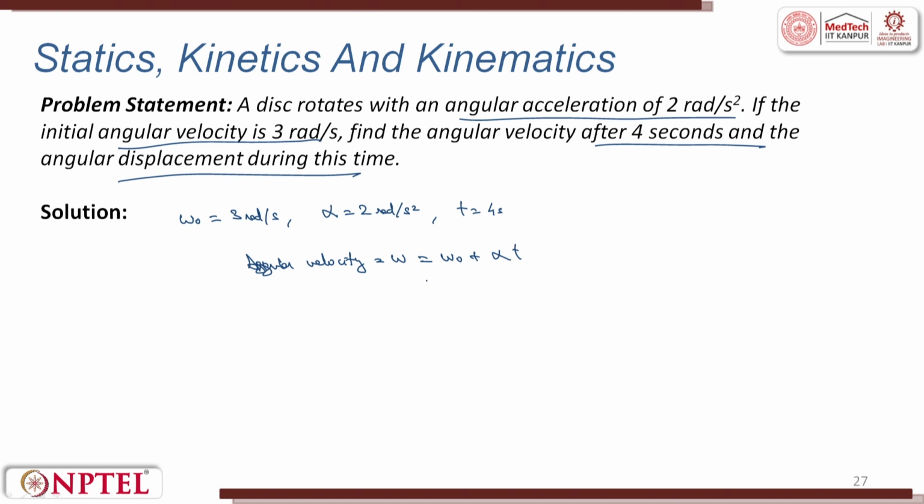Simply we have omega naught as 3 plus alpha is 2 into time is 4, which is equal to 11 radians per second angular velocity, right. Then I have angular displacement.